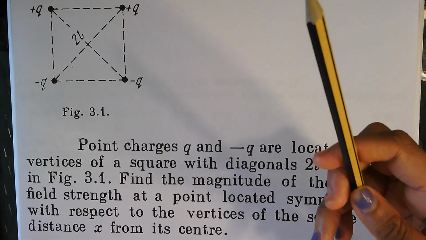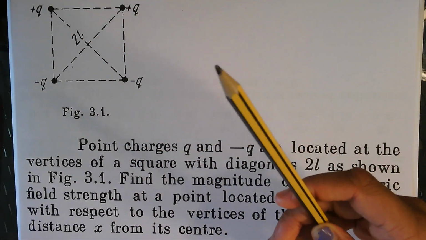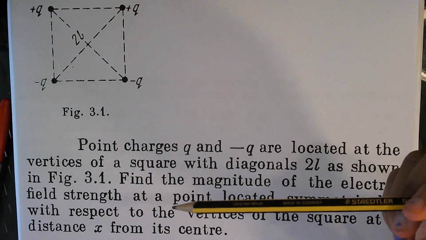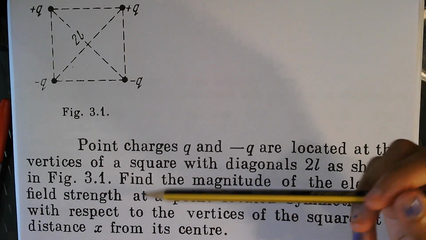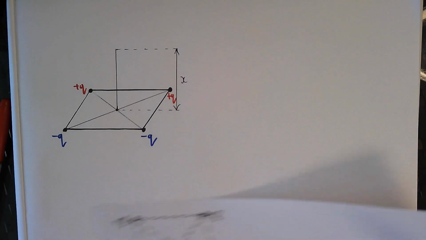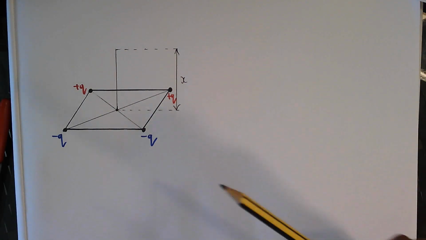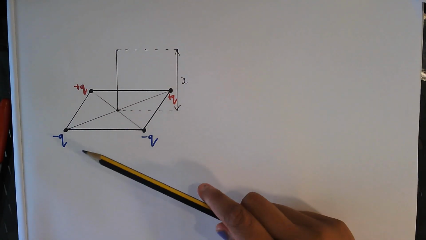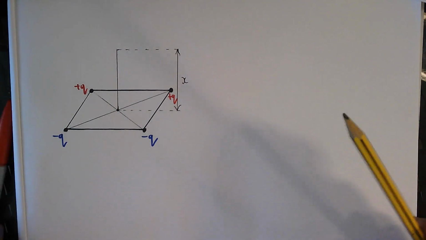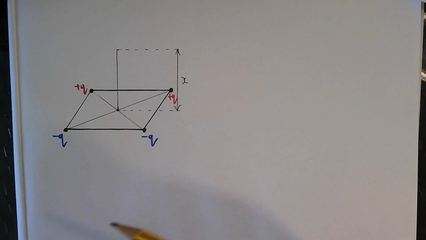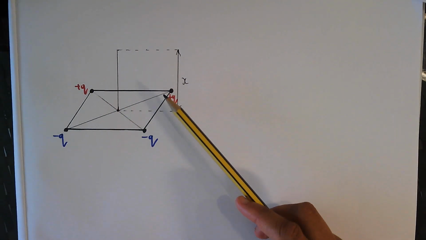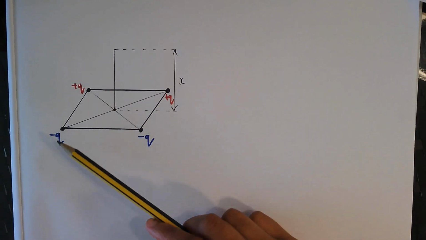So the first thing I'm going to do is draw a diagram to show more clearly the location of this point, and to do that I'm going to do it in 3D. I've already drawn it here. Here you can see our original square with the 4 points located at the vertices. I've done the plus Q charges in red here, and the minus Q charges in blue.